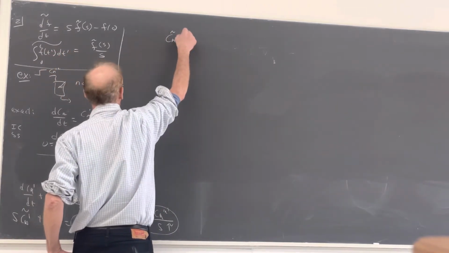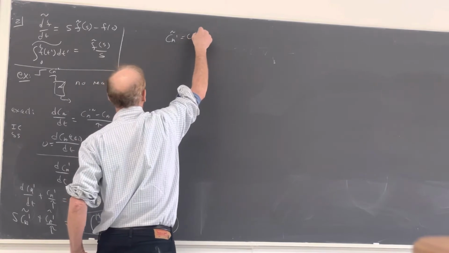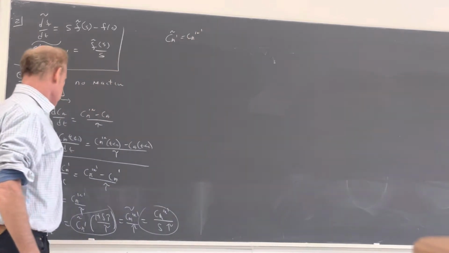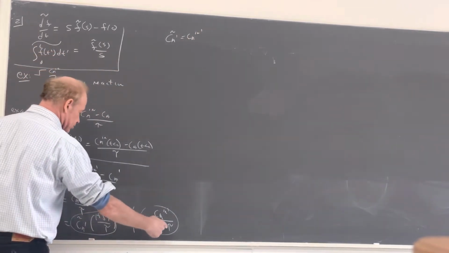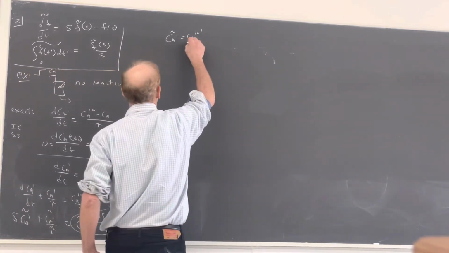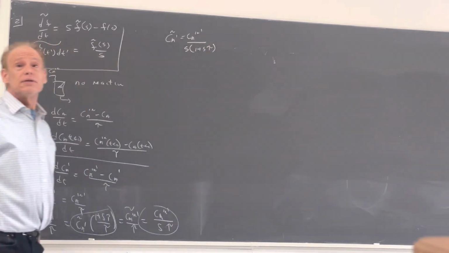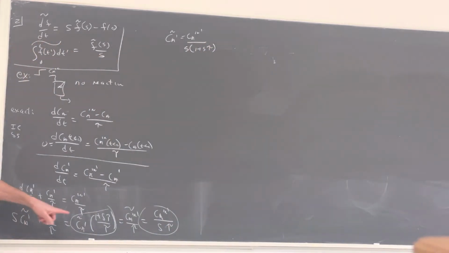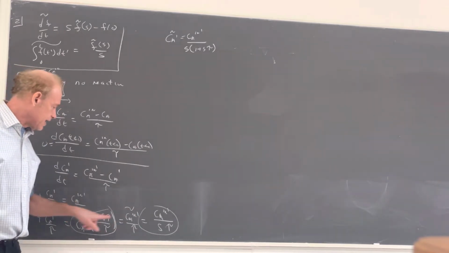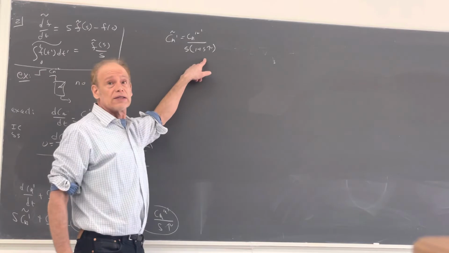CA prime tilde is equal to CA in prime times, and notice I can cancel the taus, so I just have divided by S times 1 plus S tau. Is that clear? So I took this equals this, I canceled the taus, and I divided by 1 plus S tau. So I have 1 over S, 1 over S, 1 plus S tau.